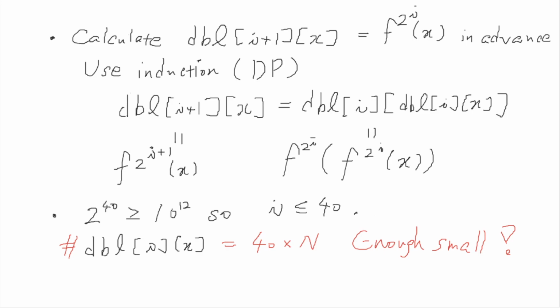First we have to calculate the doubling function of i and x, which means f to the 2 to the i of x, in advance. i is here and x means the start position of the box now. To calculate all the doubling functions, we can use induction or dp.